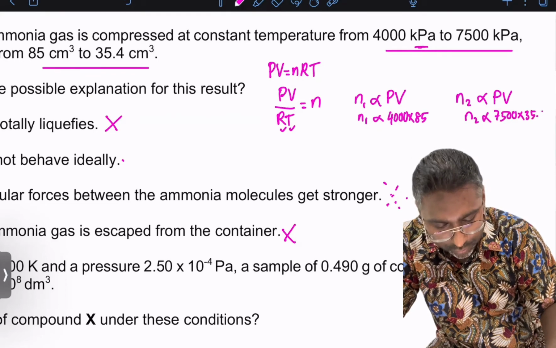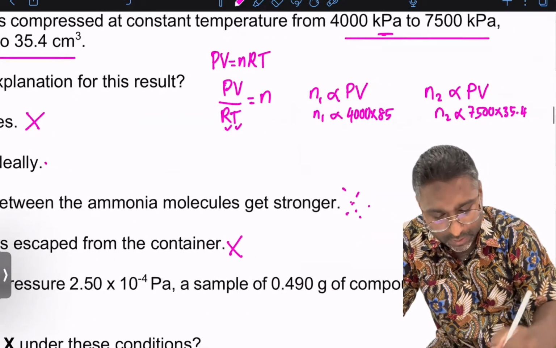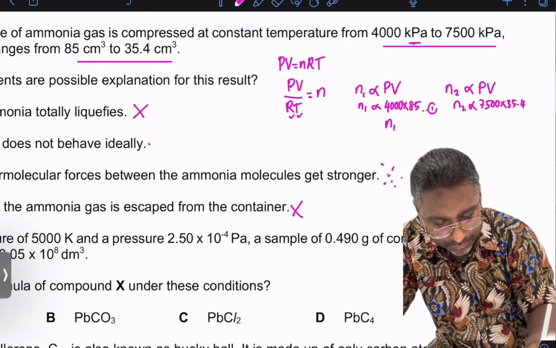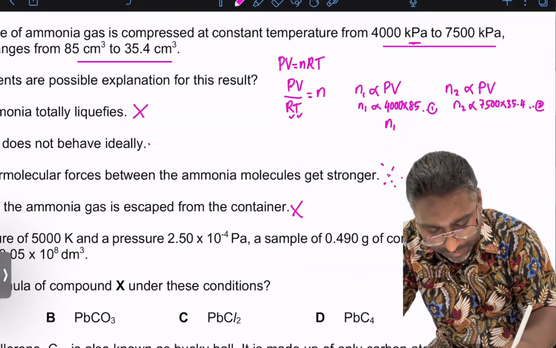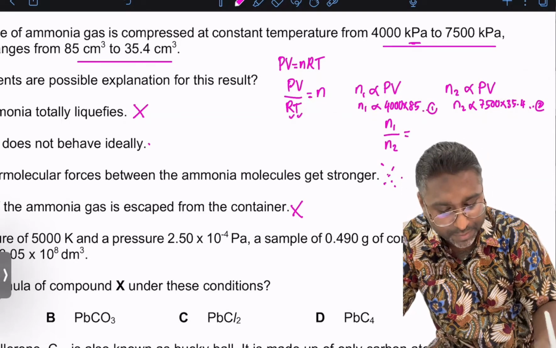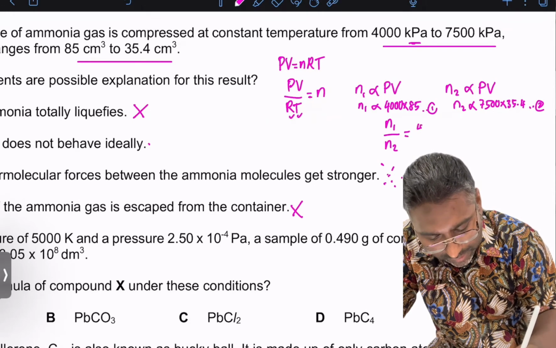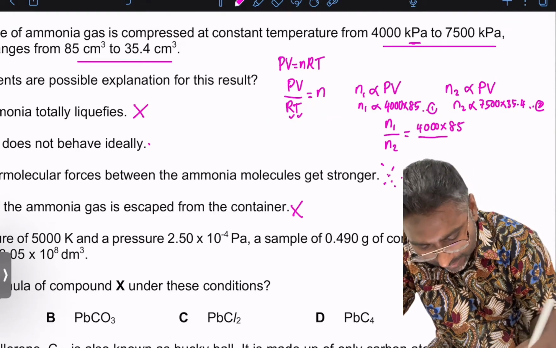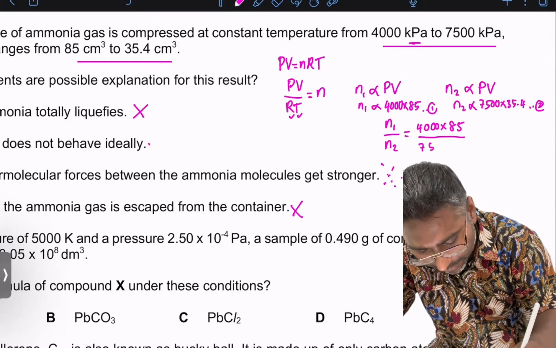Now, what I can do is take this equation divided by this equation, n1 divided by n2, which must equal 4000 times 85 divided by 7500 times 35.4.